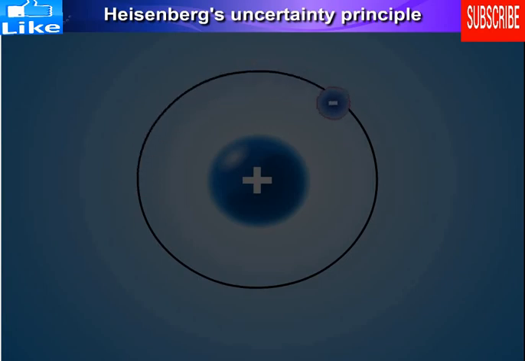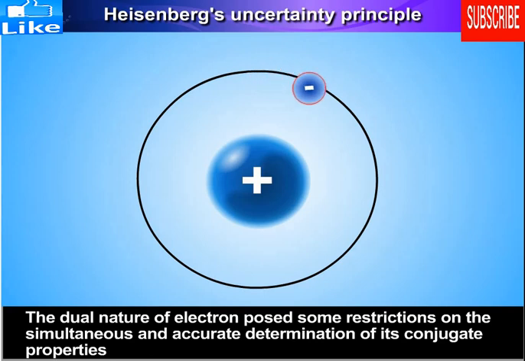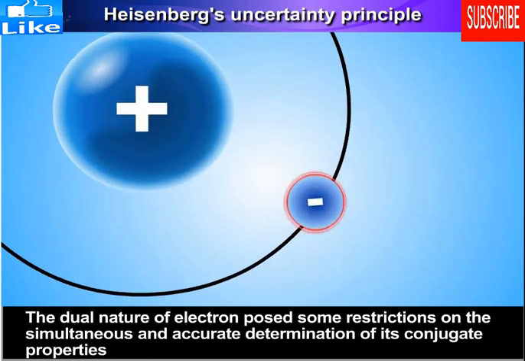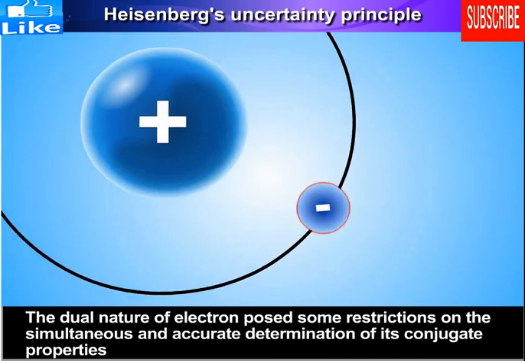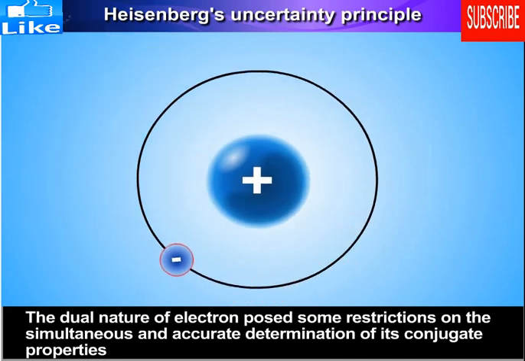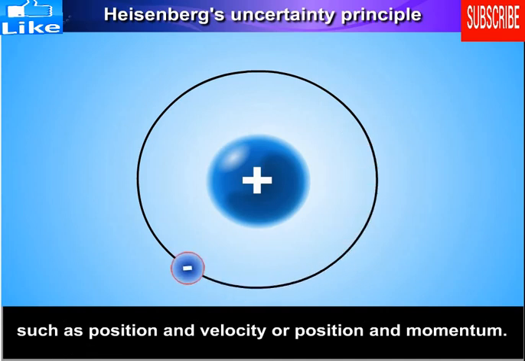Heisenberg's uncertainty principle. The dual nature of the electron posed some restrictions on the simultaneous and accurate determination of its conjugate properties, such as position and velocity, or position and momentum.